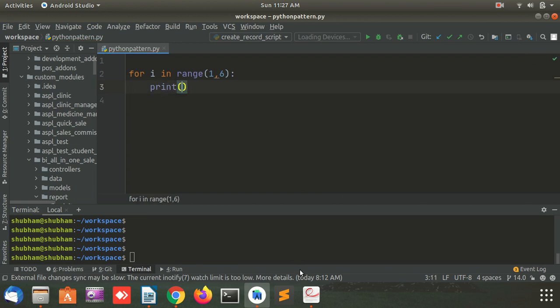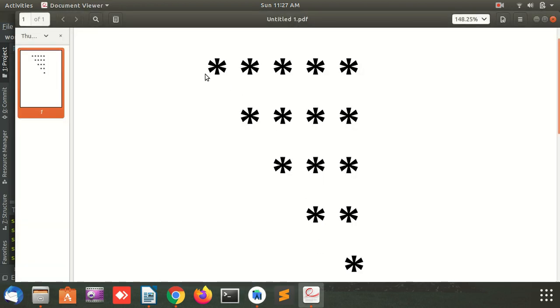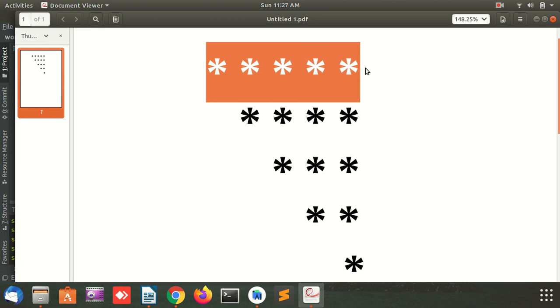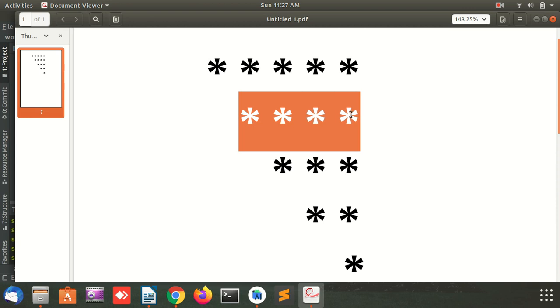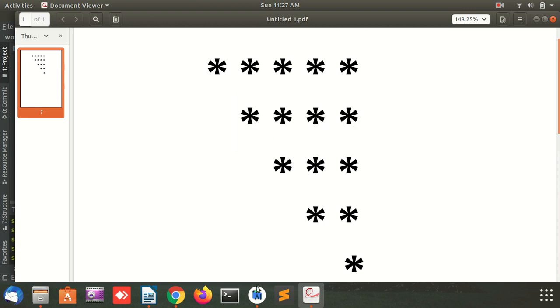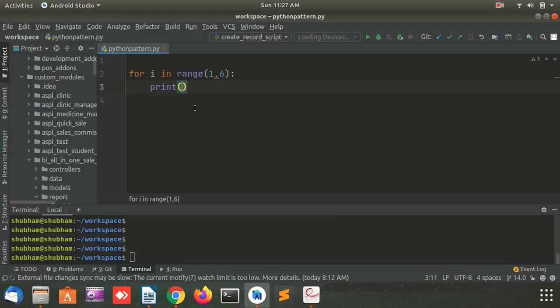first we need 5 times of star. After, we need 4 times of star. So first I need 5 times of star. So here 6 minus i.